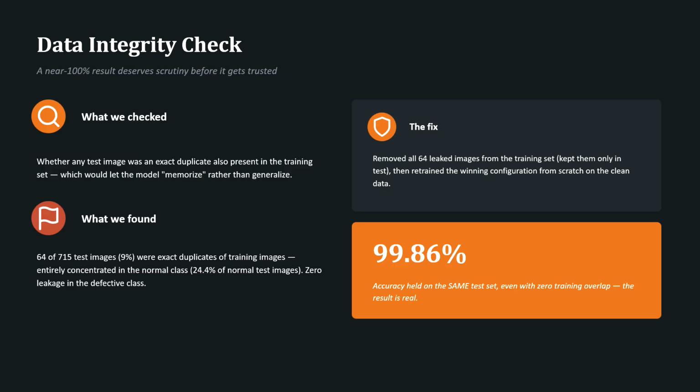I found that about 9% of my testing images were exact duplicates that were also in training, all of them in the normal category. I removed them from the training and ran the tuning again from scratch. The accuracy held at basically the same very high number, which told me the result was real, not just an accident of the duplicate images.